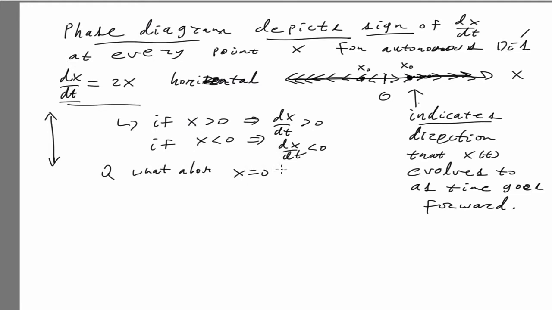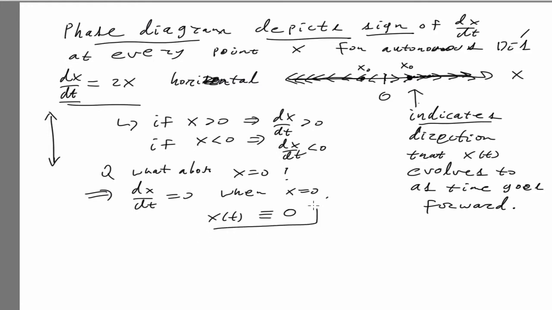Okay, so the next question then, of course, is what about x equals 0? Well, we know that dx dt is equal to 0 when x is equal to 0. And that means, of course, that x of t, the solution, is going to be the 0 function. So in the case where dx dt is equal to 0, we call that a critical point.